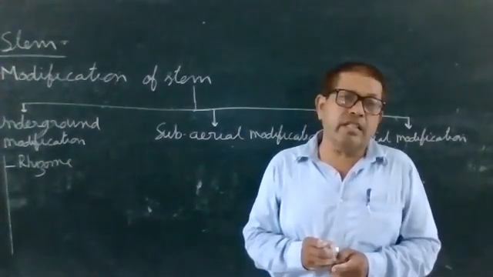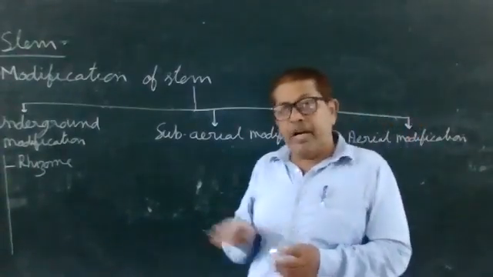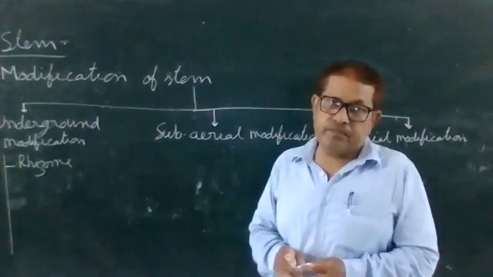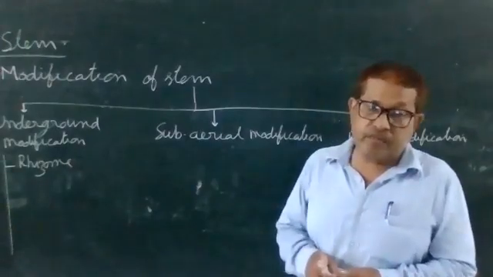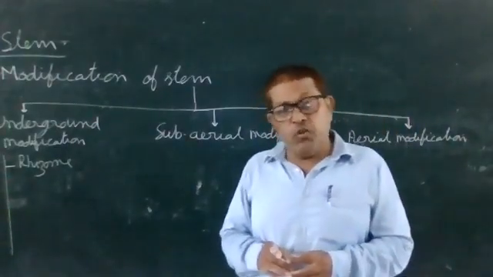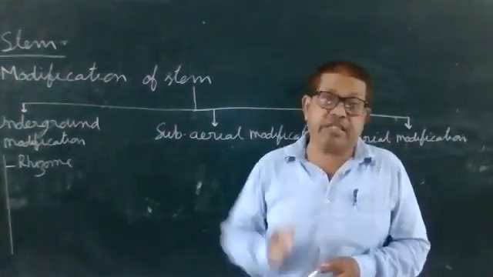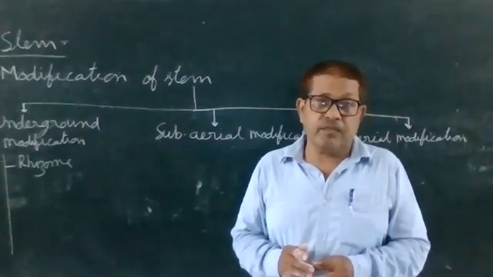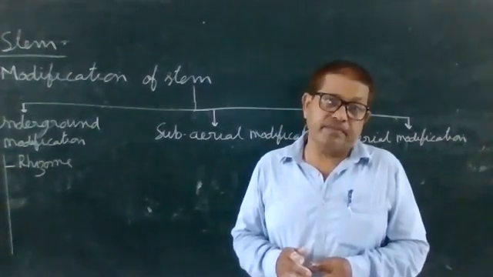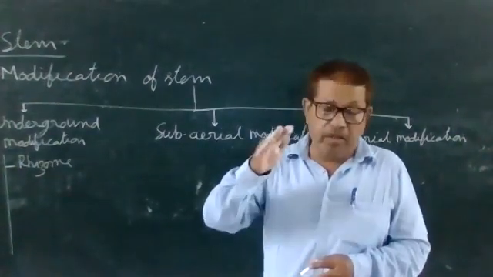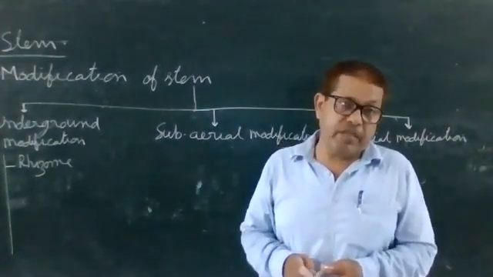In these cases, stems move parallel to the ground. They grow parallel to the ground. They have nodes, internodes. They have scaly leaves, and they have axillary leaf buds. That is, scales protect the axillary leaf buds.